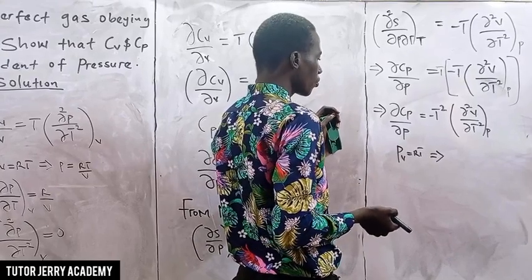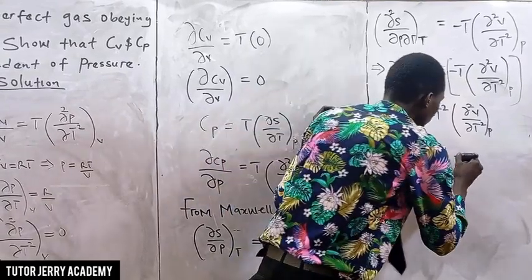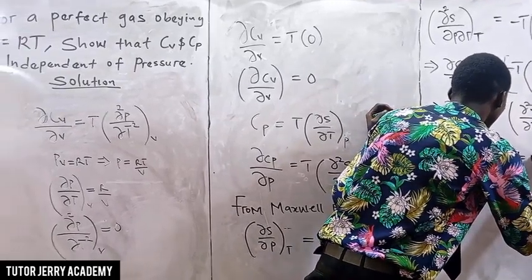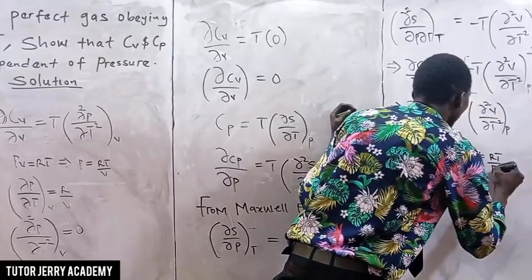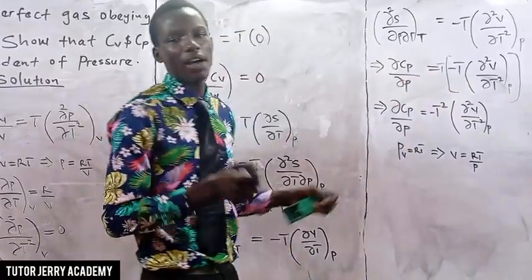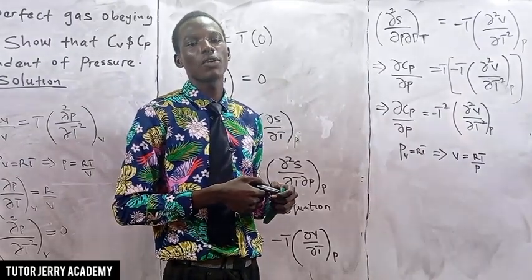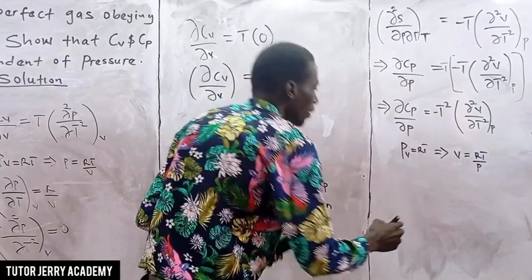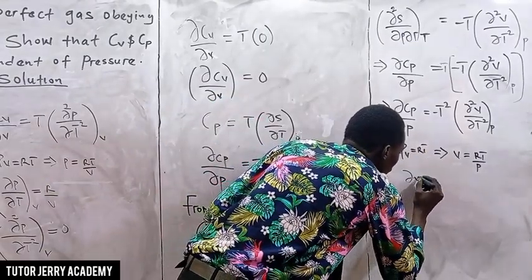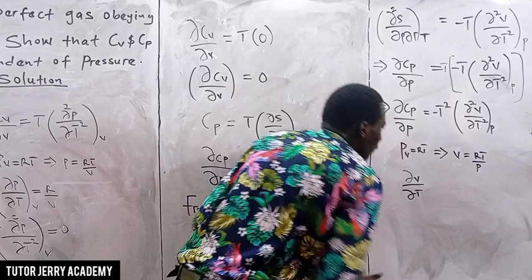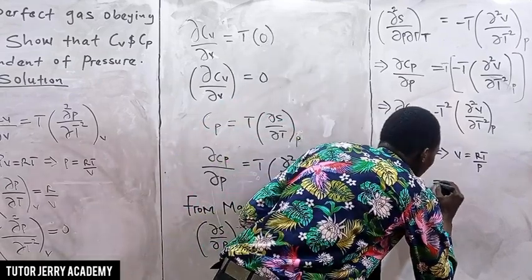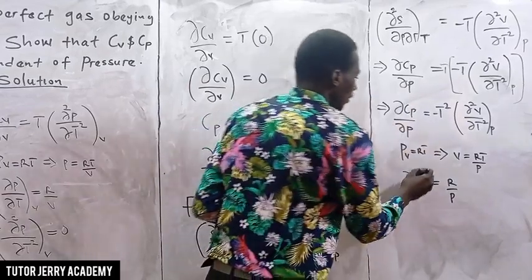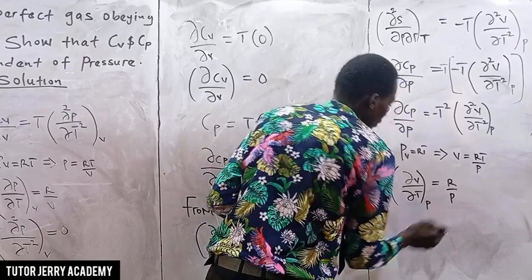If we do that, we are going to have V equal to RT all over P. If we differentiate this equation with respect to T, we are going to have the partial derivative of V all over the partial derivative of T to be equal to R all over P, keeping P constant here.